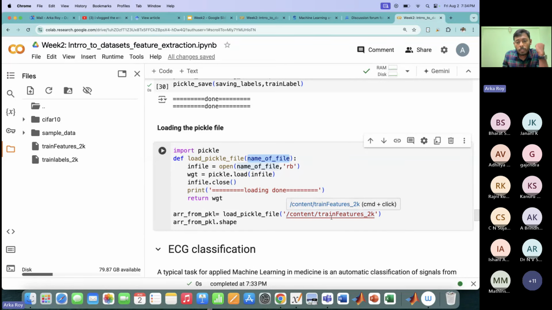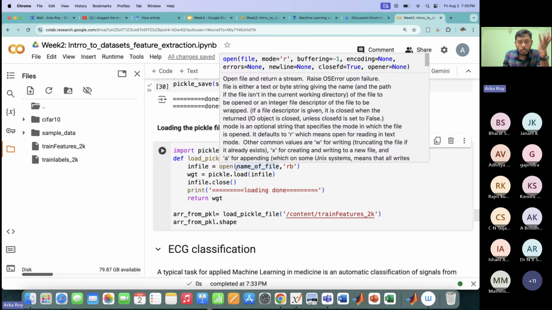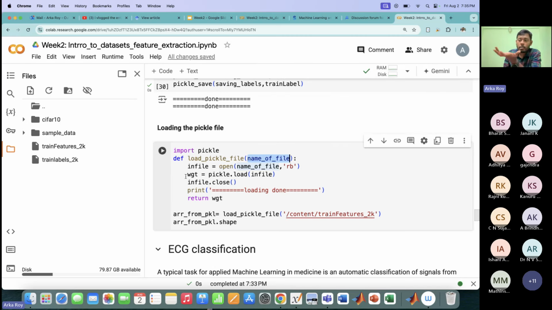I have to open this particular thing. It will pass it through an open function, so it opens the container. Then it picks up everything from that container, which is basically stored in WGT. And then it closes the container again.